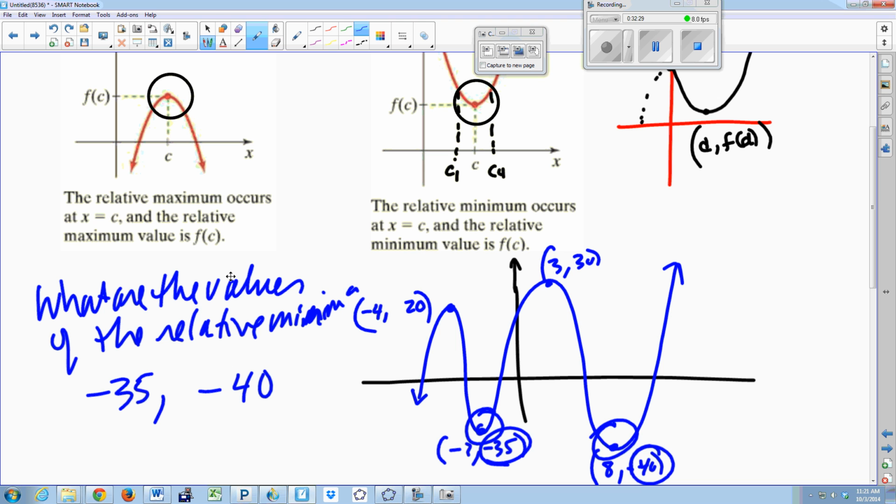Where are my relative maxima values? Maxima, okay? 20 and 30, right. Okay.